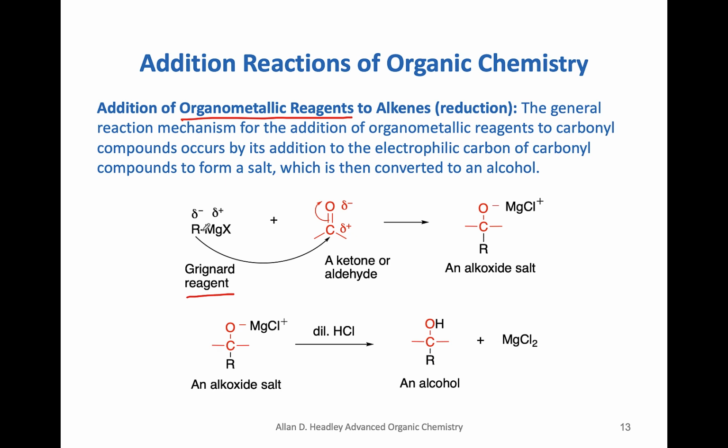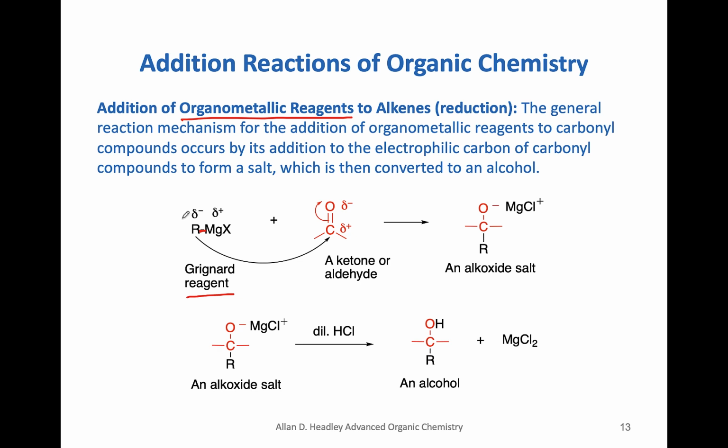So here is a bond from the carbon of the alkyl group to magnesium. Looking at the periodic table, you'll see that carbon is to the right of magnesium, which means that carbon is more electronegative than magnesium. So therefore this bond here, right in the middle, is a polar covalent bond.